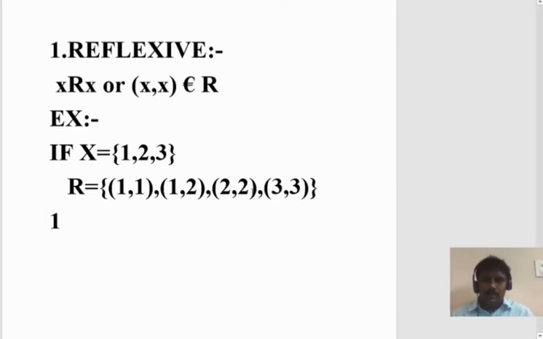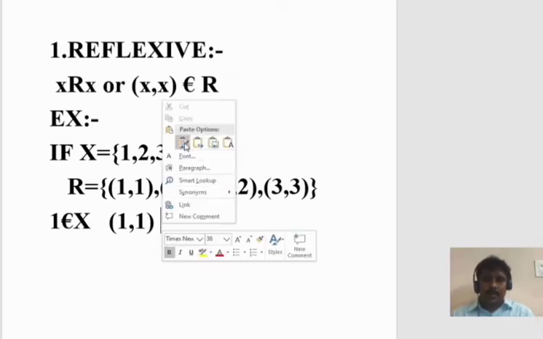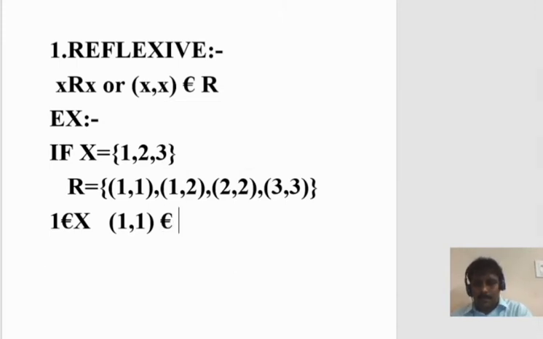Let 1 belong to X. That means (1,1) must belong to R. So if 1 belongs to X, then (1,1) must belong to R. Yes, (1,1) belongs to R. So it is reflexive.